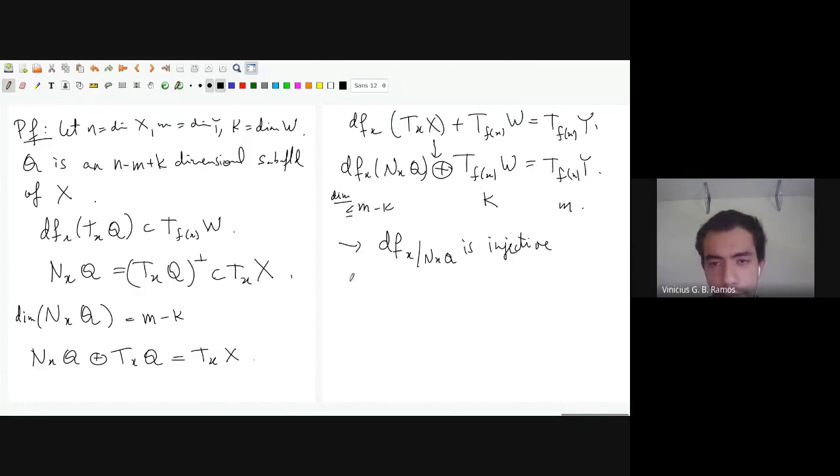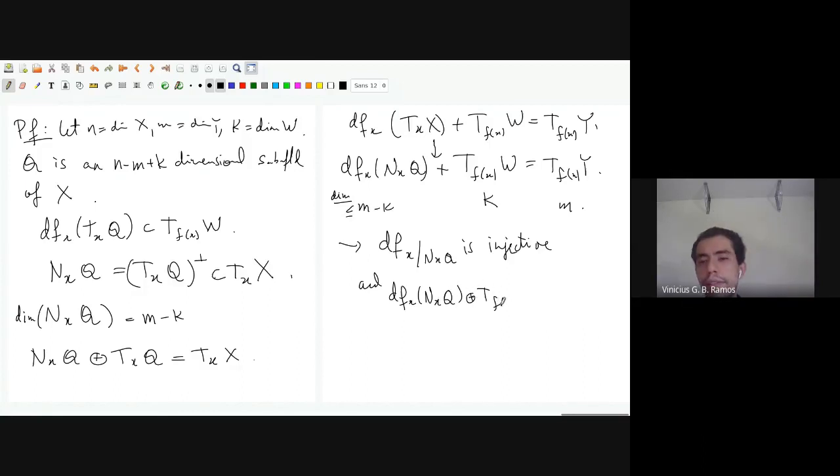Okay, so this is injective, and we have this beautiful direct sum as a consequence. Let me just draw the direct sum. And they actually don't intersect. I mean, they intersect just at 0.